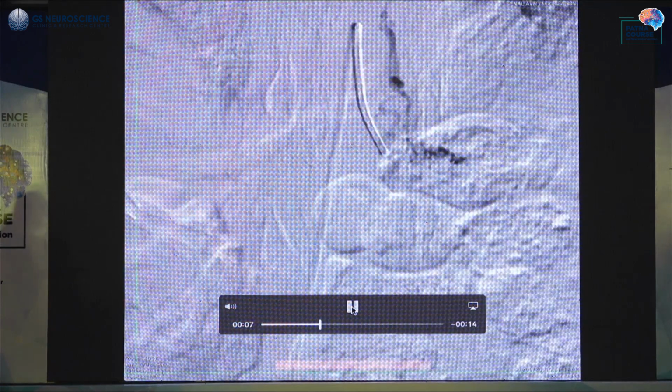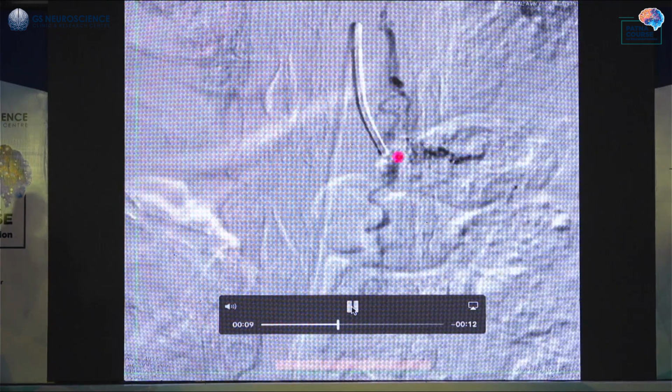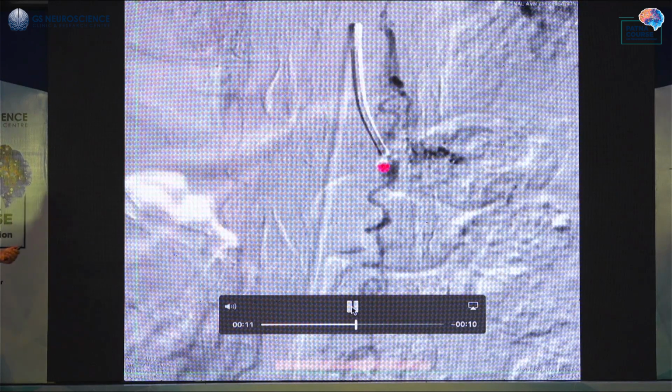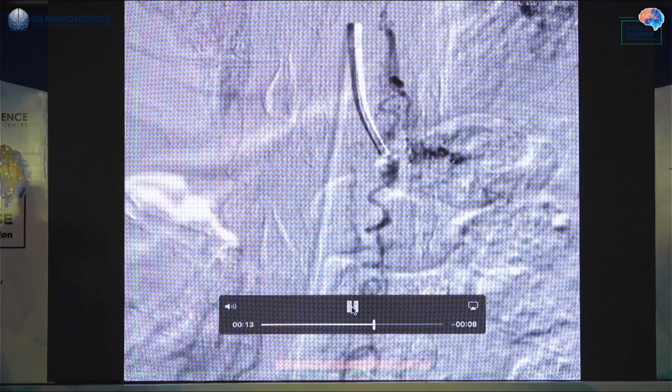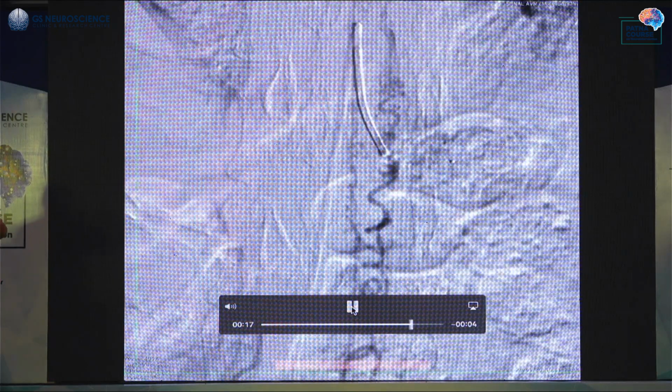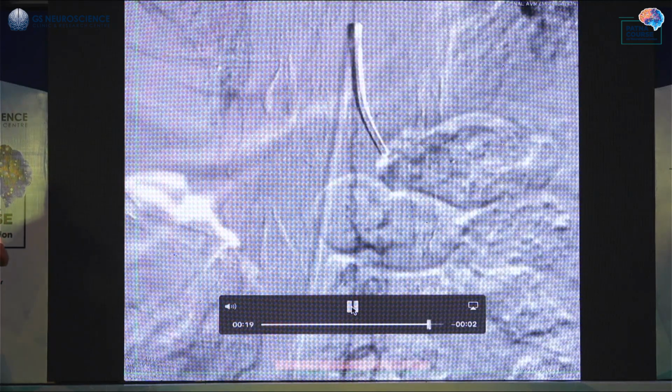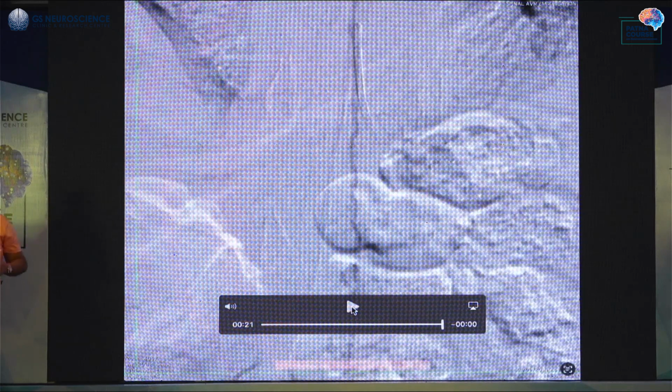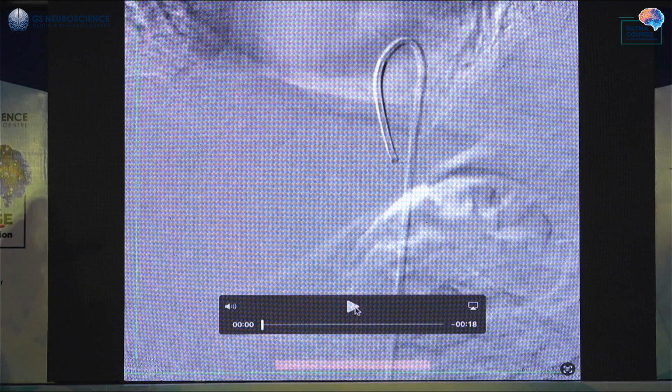You do an injection and make sure that you are in the fistula. This is an AP view. In an AP view, you also have to remember that the nerve roots are not just horizontal, they are pointing backwards. So you have to appropriately go to the lateral angulation. This was the AP view, and now you change to a relatively lateral angulation.